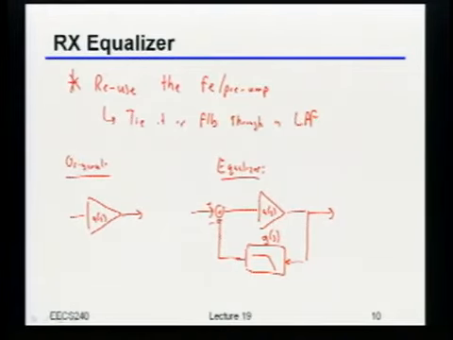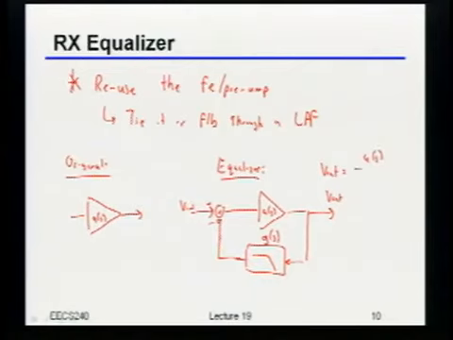So if I do this, from a feedback block diagram standpoint, or a mathematical standpoint, if I call this V out, what's going to be the transfer function from V in to V out for that equalizer? A over 1 plus AG. Yeah, exactly.